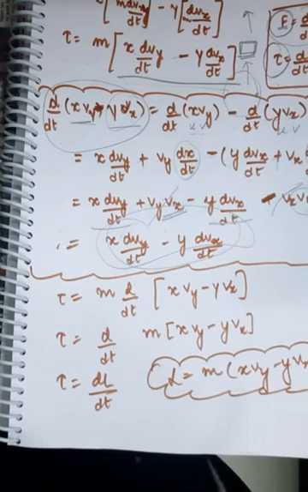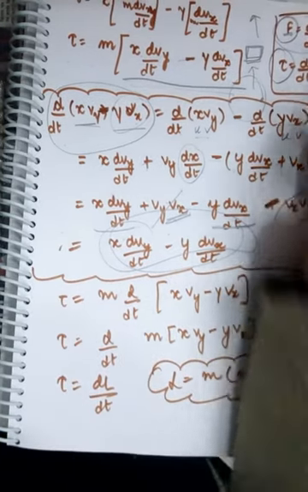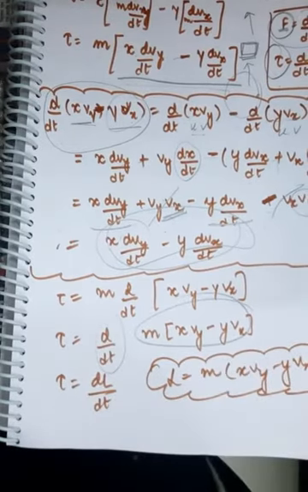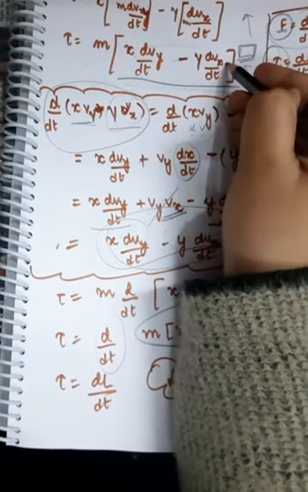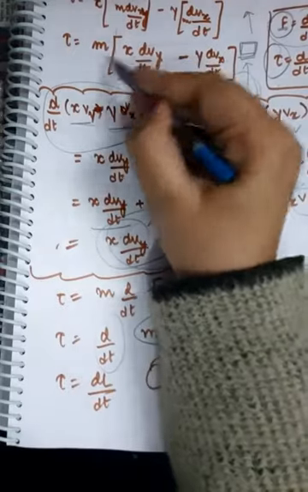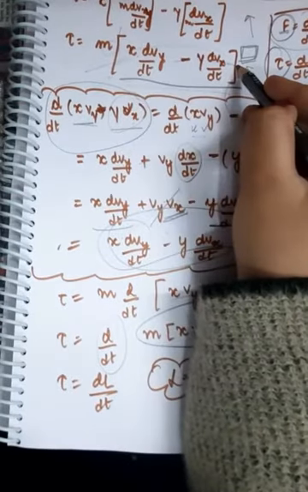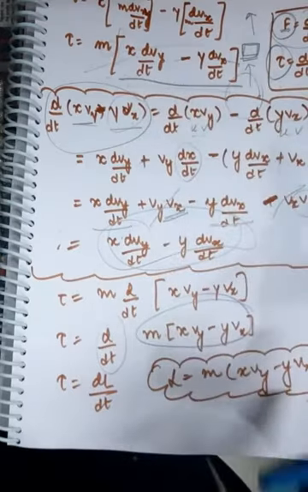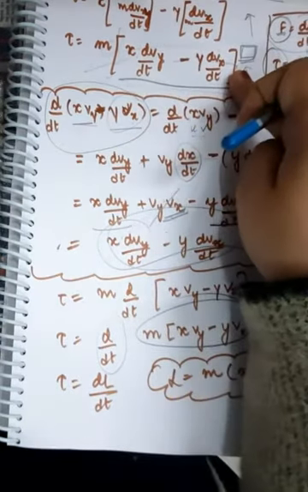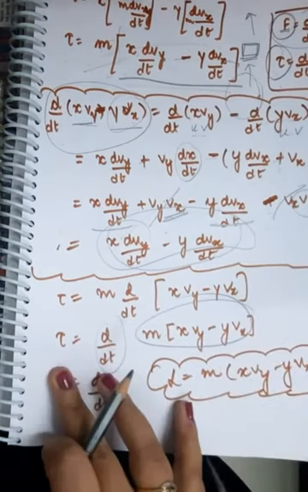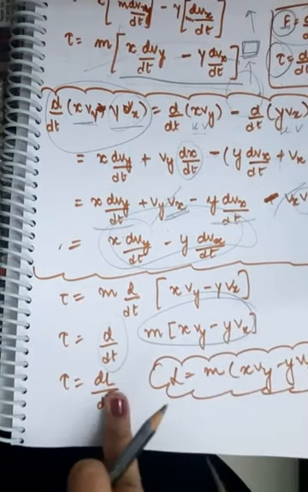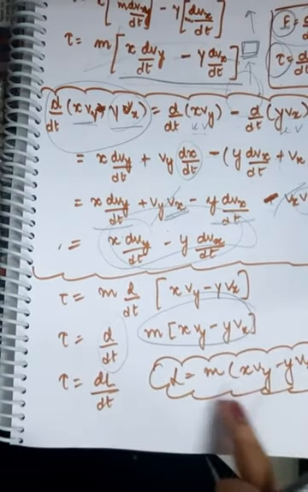Now you have finally reached the form where torque comes out as the d/dt of some quantity. Earlier it was not coming like this; it had derivatives involved in a perplexed form inside this expression. But here torque is directly the d/dt of some quantity, and let us name this quantity L, where L is equal to this stuff.